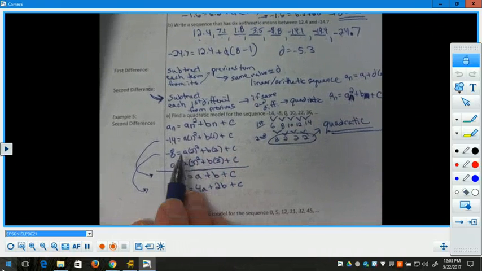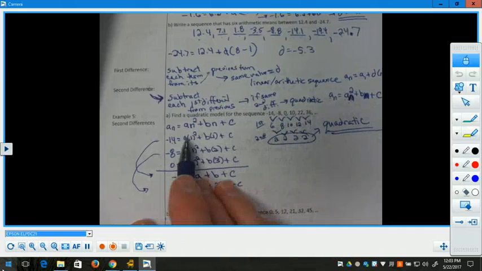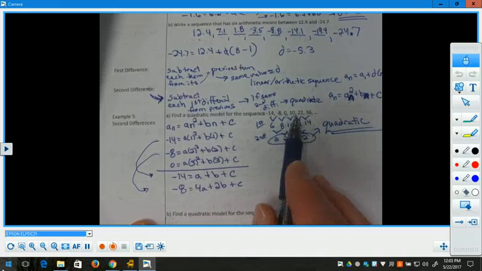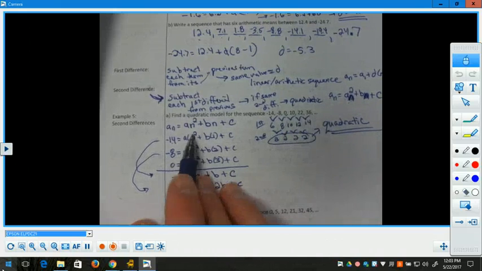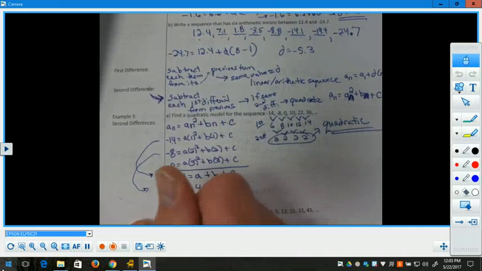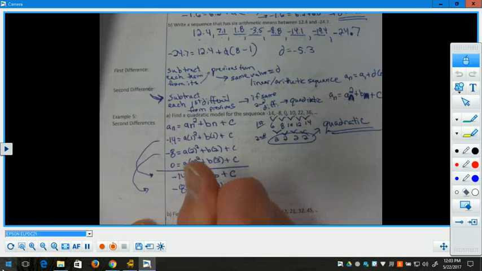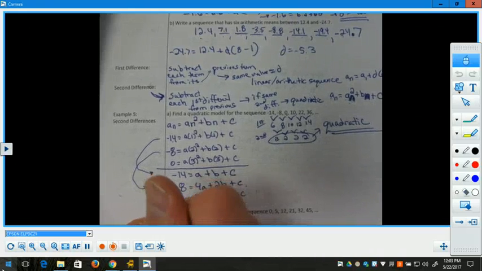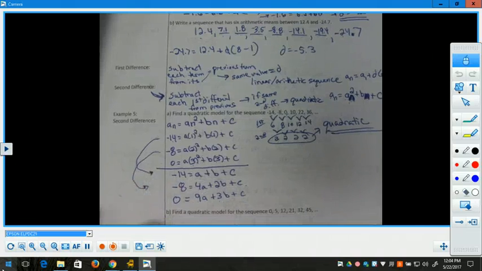And by the way, if it's always the first, second, and third term, it may not always be, but those are the values you can use, and they're probably the easier ones. It's not as easy to use the fourth, fifth, and sixth. Then you'll always have 1, 1, 1, 4, 2, 1, and you may have guessed it, 9, 3, 1, because 3 squared times a, 3 times b, and then our c. And that was an output of 0.